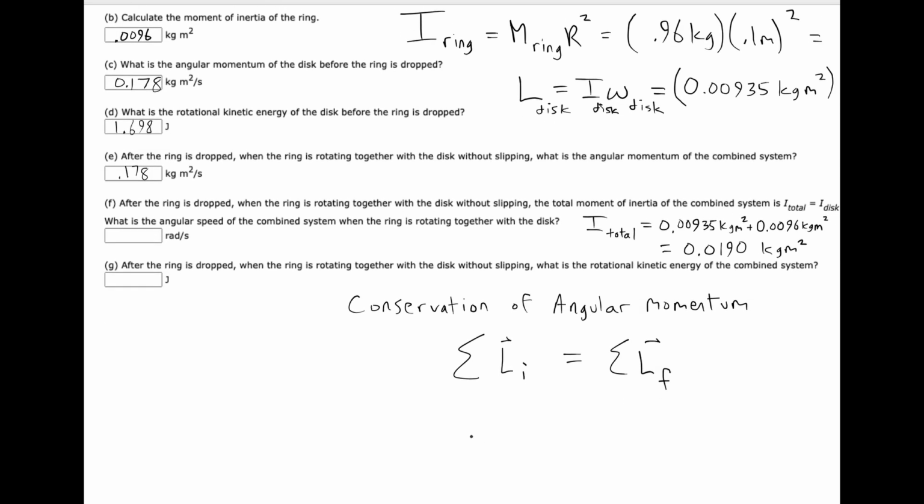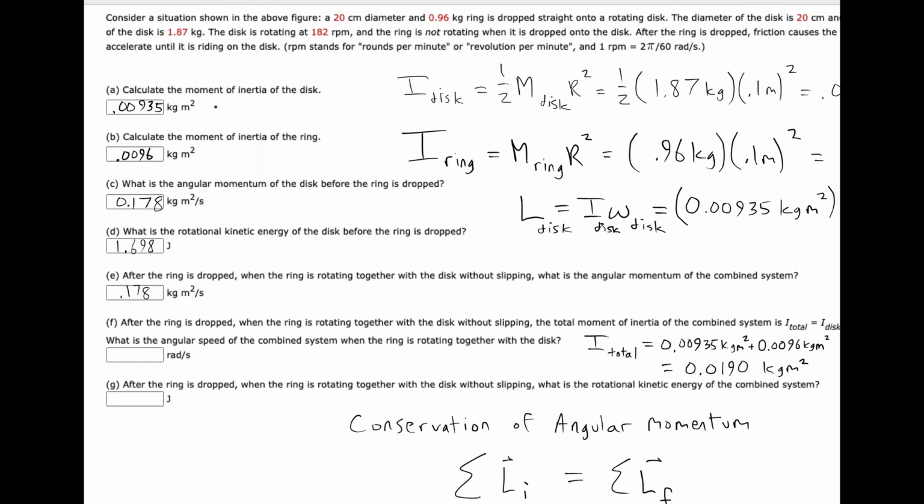So how much angular momentum did we have at the beginning? We had 0.178 kilogram meters squared per second. This was all due to the rotating disk.